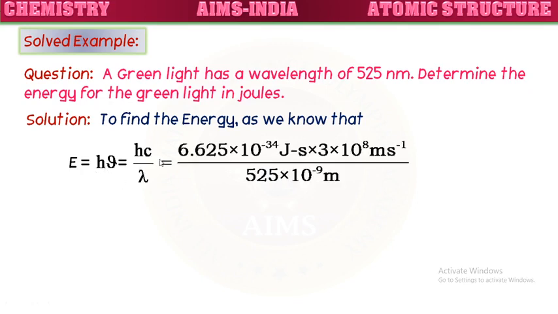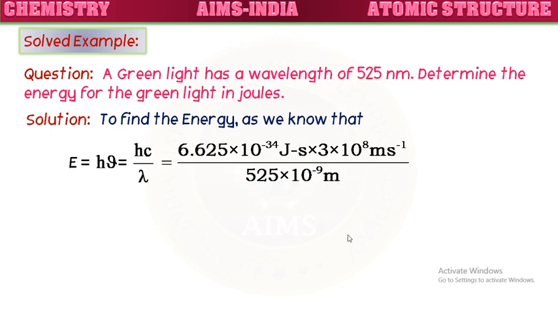If we substitute the values, h, that is Planck's constant, is 6.625 into 10 to the power of minus 34 joule second, and c, the velocity of light, is 3 into 10 to the power of 8 meters per second, and lambda is given as 525 nanometers. If we convert this into SI units, meters, it is 525 into 10 to the power of minus 9 meters.